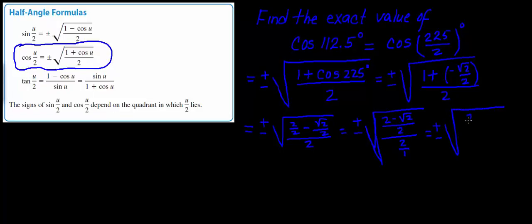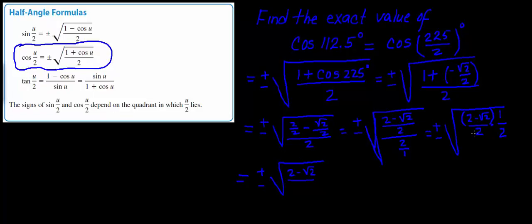Which I can rewrite as a product of fractions. So I take my numerator, which is over 2, and multiply by the reciprocal of the denominator, which is 1/2, and that gives you plus or minus the square root of 2 minus the square root of 2, because 2 minus the square root of 2 times 1 is just the same thing.